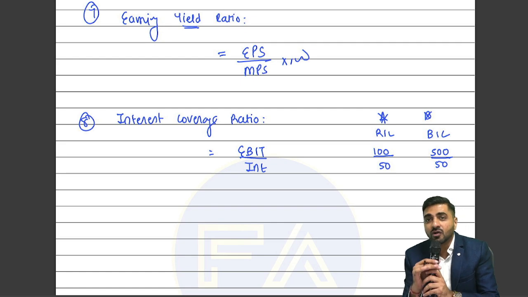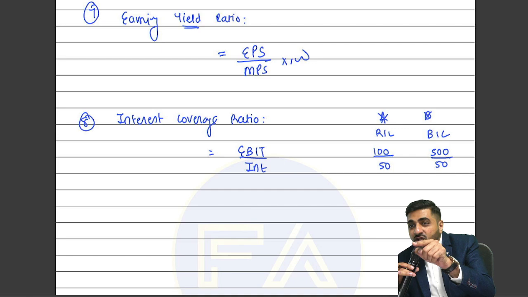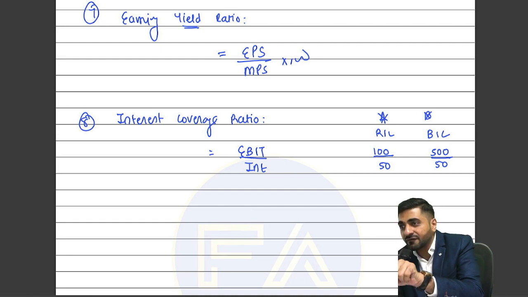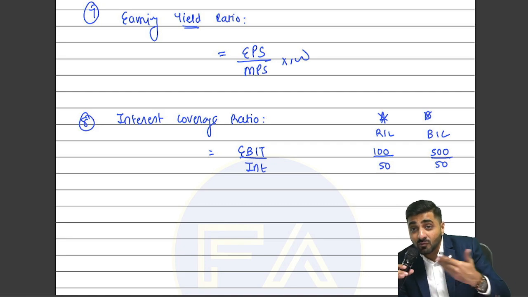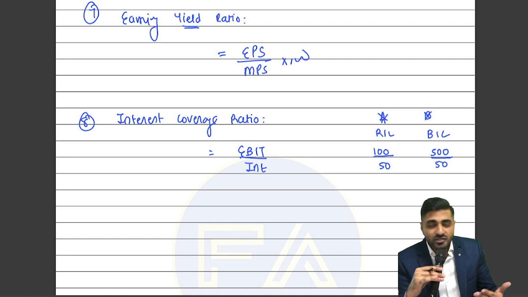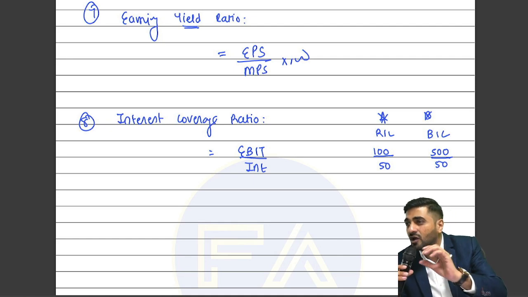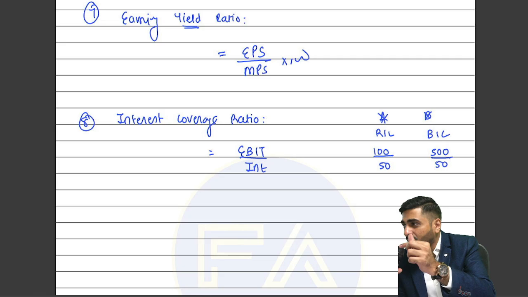So if tomorrow as a lender you want to be more secured, of course you'll lend to the one covered more times. That's why it's EBIT upon interest.